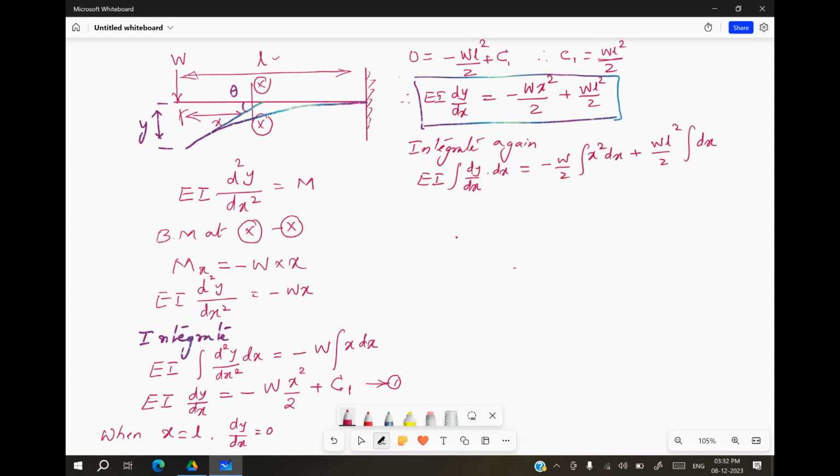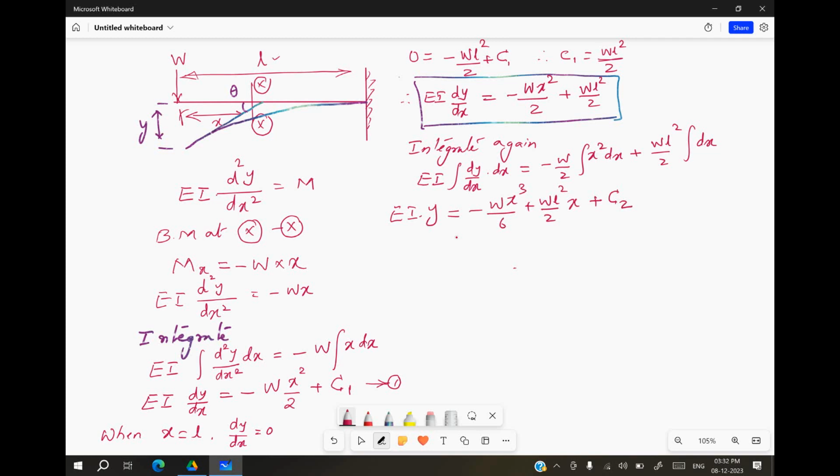When I integrate, I get EI y is equal to minus Wx³/6 plus WL²/2 into x plus C2. Integral of x² is x³/3, so 3 multiplied by 2 becomes 6.